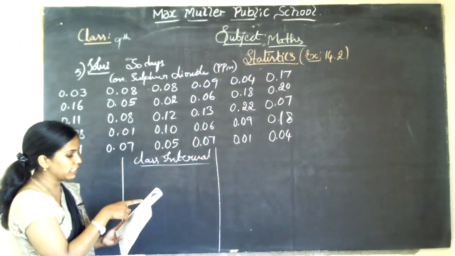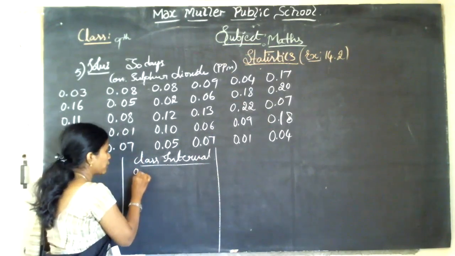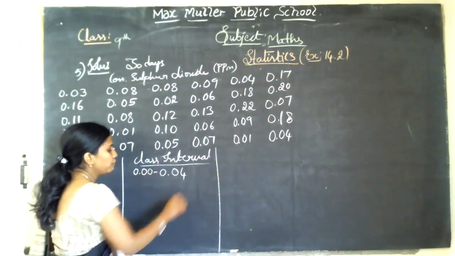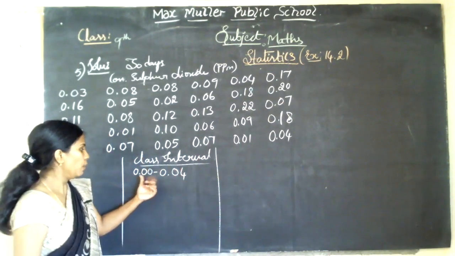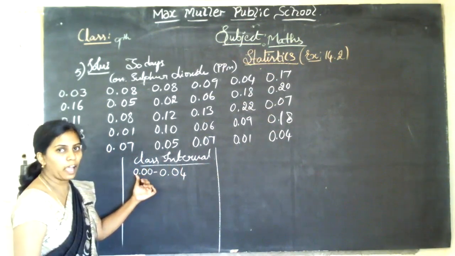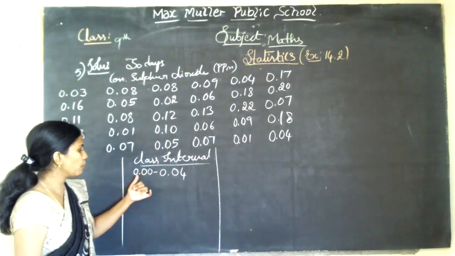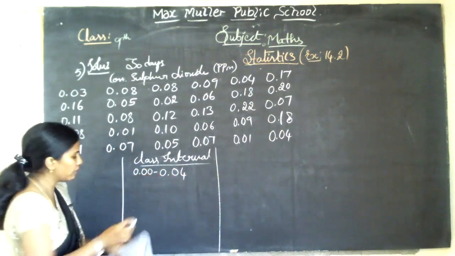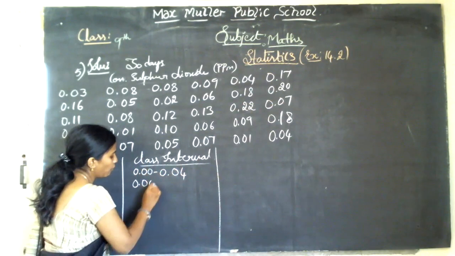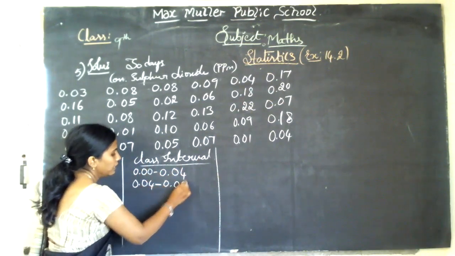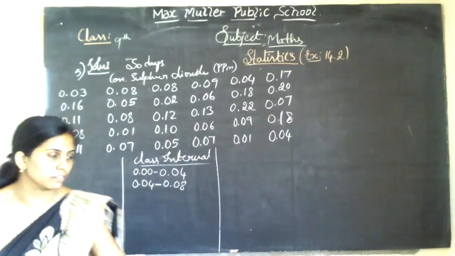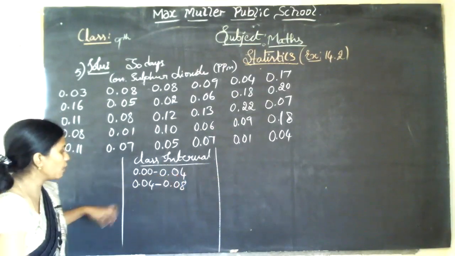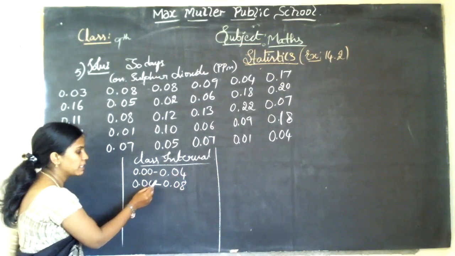They have given it clearly. The range should vary from 0.00 to 0.04. This is the range. So whatever numbers you come across between 0.00 to 0.04. But in the next, they have given 0.04 to 0.08. Observe: in the first row, they have given 0.04, and in the next row also they have taken the same number, isn't it?